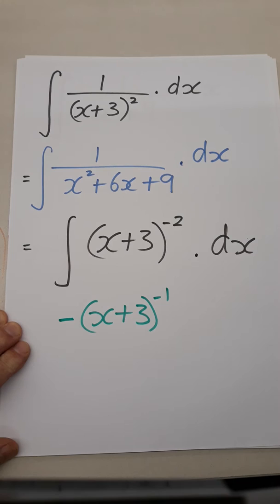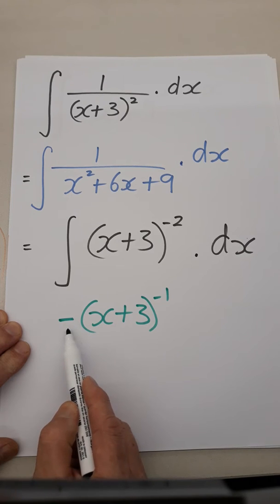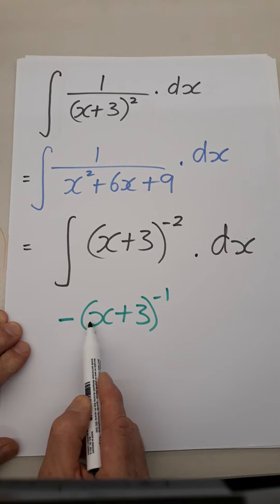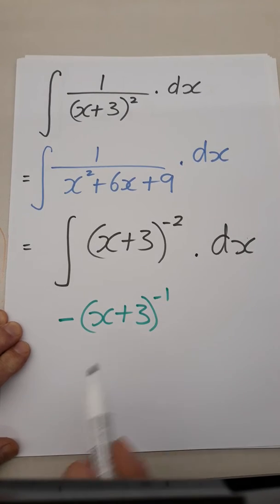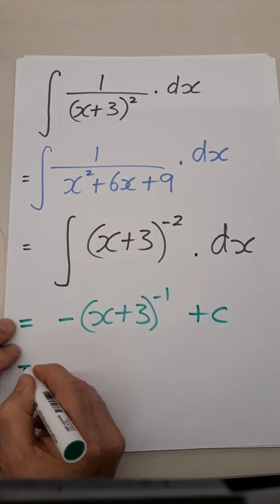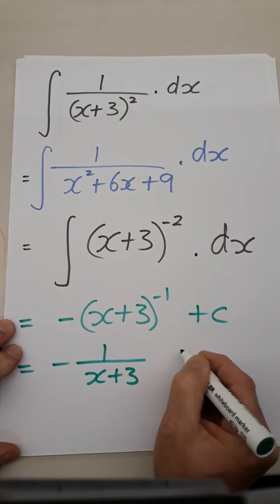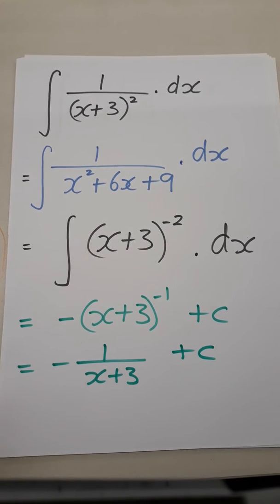I'd throw a minus out here because minus 1 times minus 1 times 1 times x plus 3 to the minus 2, if I was to differentiate, plus c. So it ends up being negative 1 on x plus 3 plus c. It's fairly straightforward.